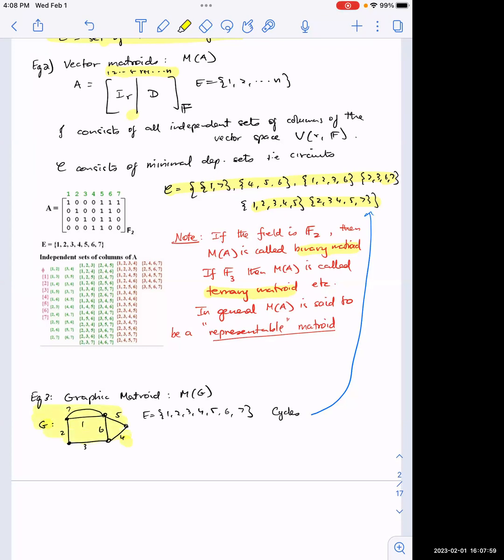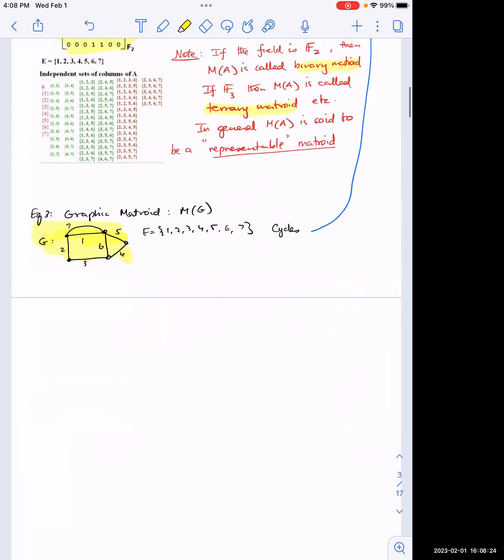I'm sorry, this is this graph and this matrix. They're really the same object when viewed as a matroid. So the matroid is like the abstract set system object, and it can be represented by this matrix A, or it can be represented by this graph A. And that's where we were.